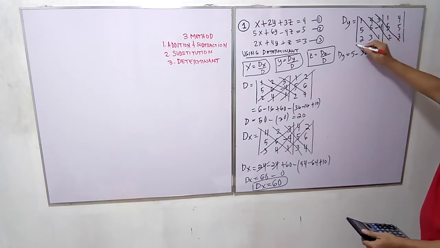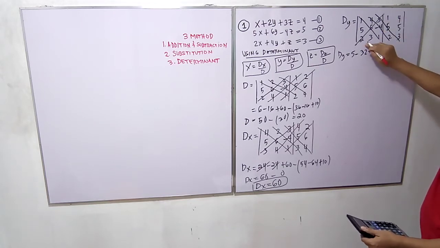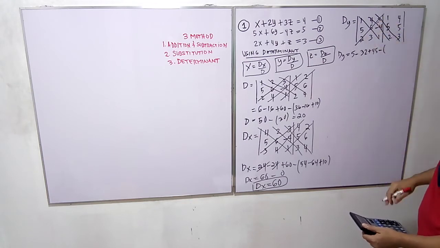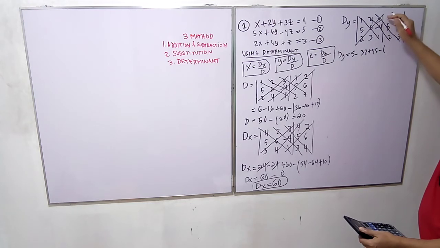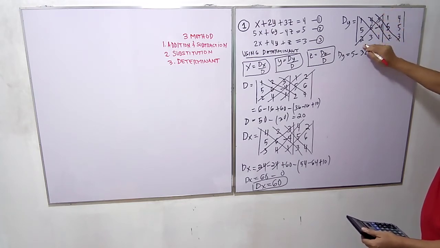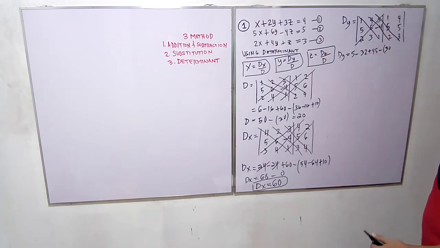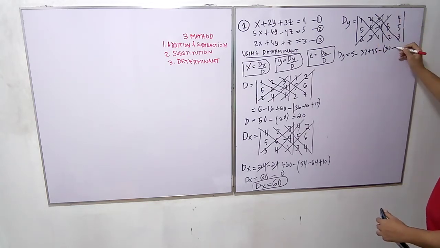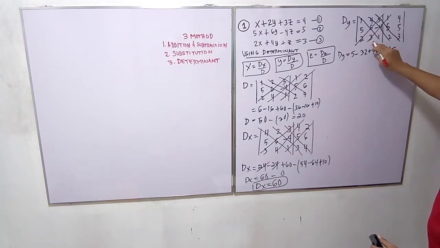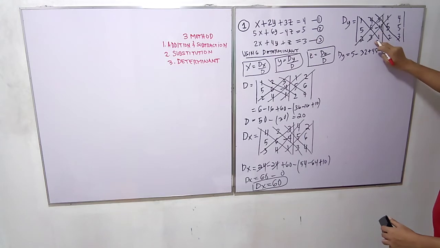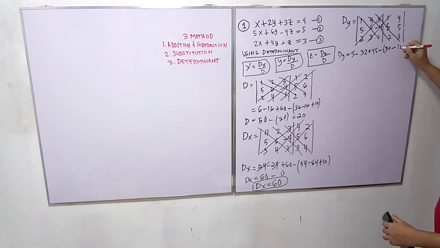And then, minus 5 times 2 times 3. 3 times 5, 15 times 2, 30. So, 5 times 2 is 10. Tapos ito is magiging negative eh. 4 times 3, negative 12. Then last 20 kasi 5 times 4 eh.